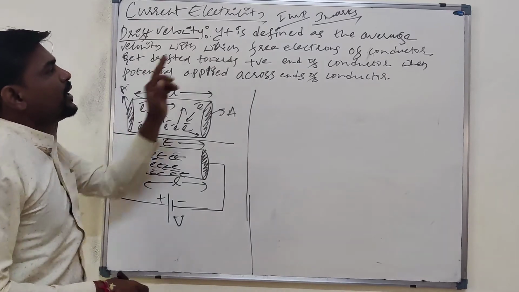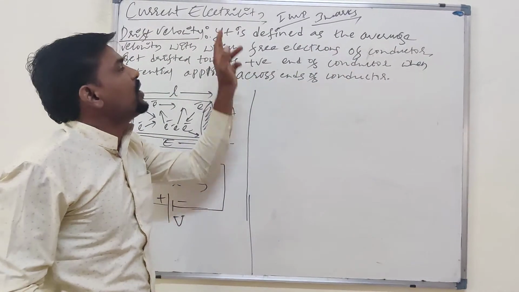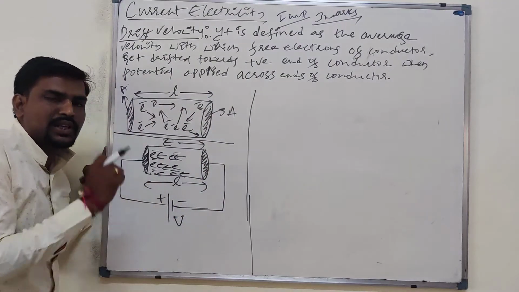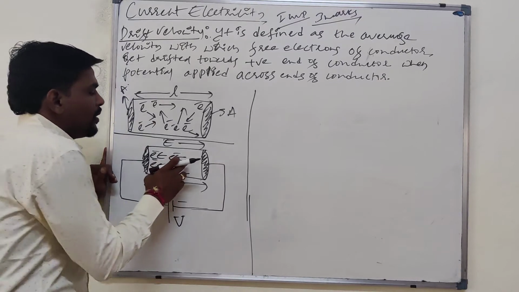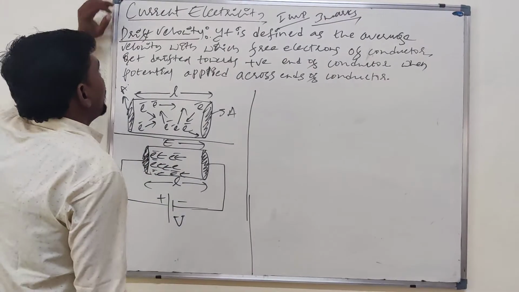So see, it is defined as the average velocity with which free electrons, when we add all the velocities, we call it the average velocity. So n number of electrons are here, right.